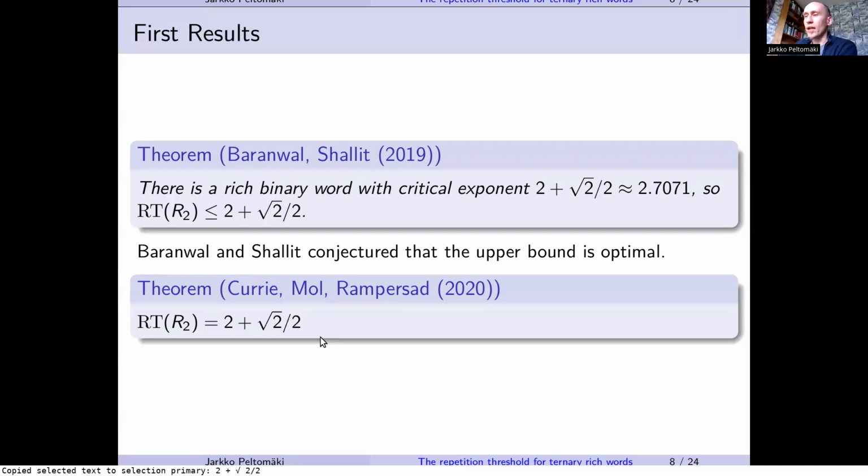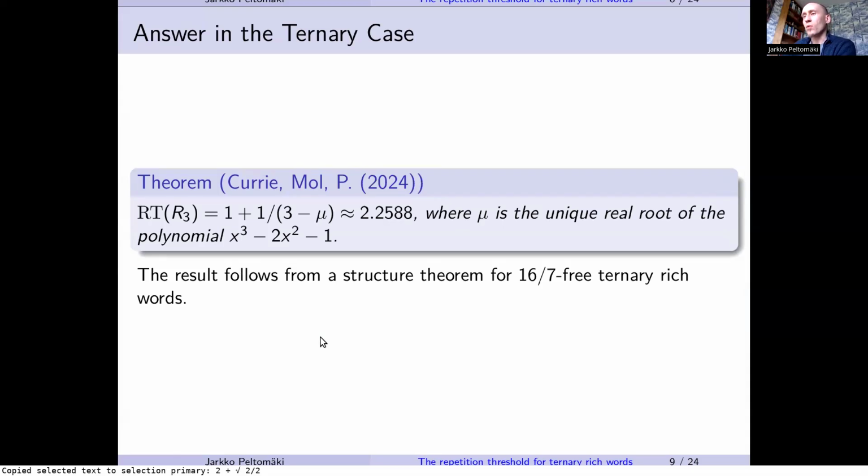And of course, you would like to know what's the answer in the ternary case and beyond. And what we did with James and Lucas is that we proved what the repetition threshold is in the ternary case. And it so happens that it is this number, where mu is the unique real root of this polynomial.